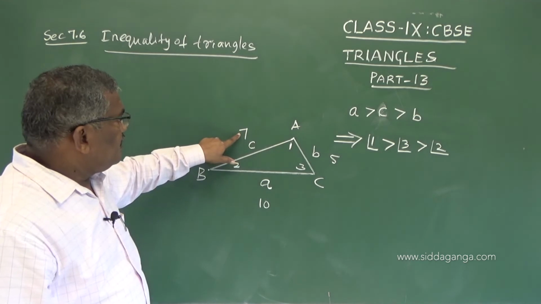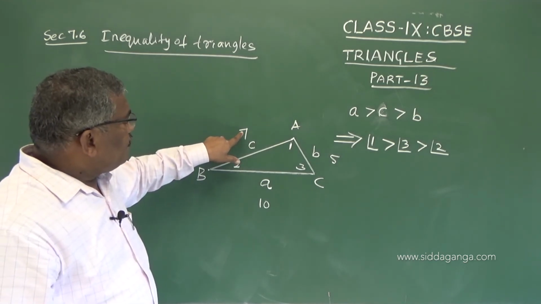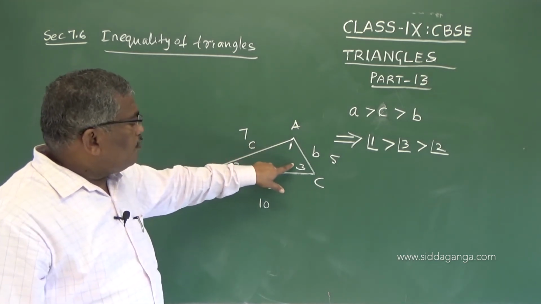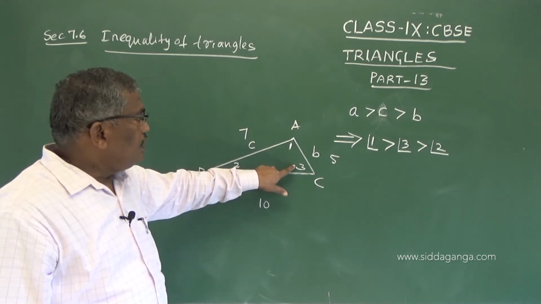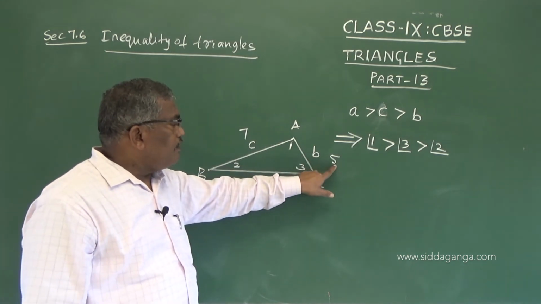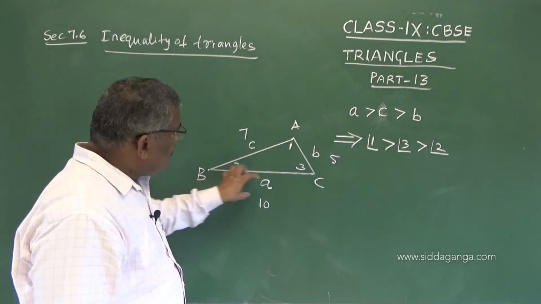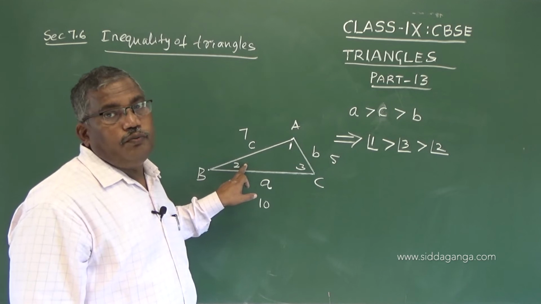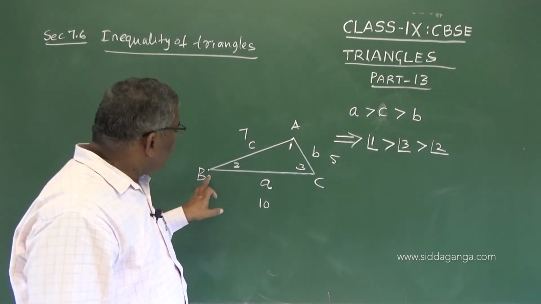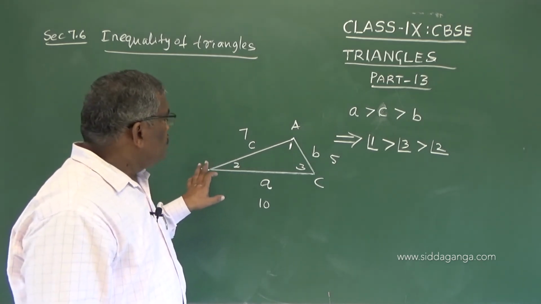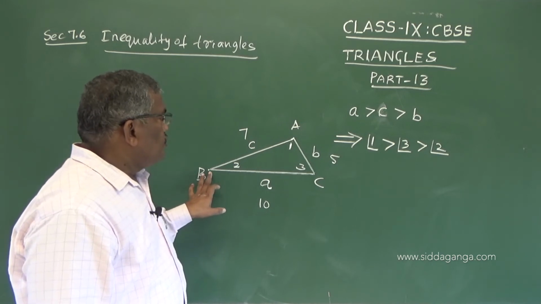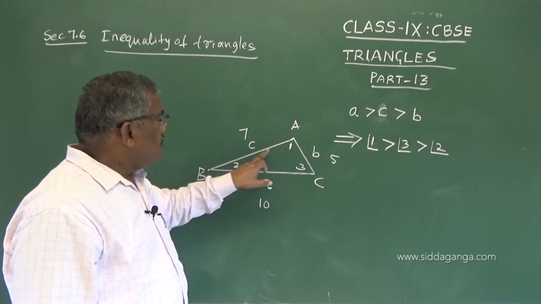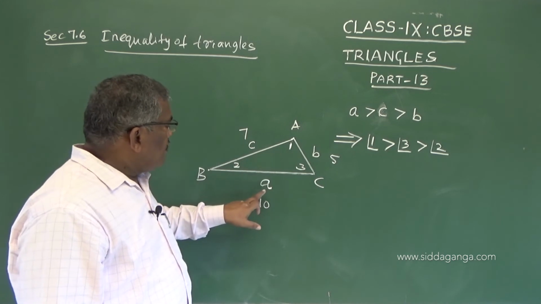The second biggest length is 7, so its opposite angle is 3. The smallest length is 5, so the smallest angle is opposite to 5, that is angle 2 or angle B. In this order they will come.